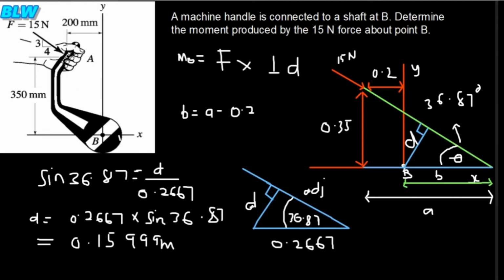Now that we have D, we can find the moment. We said the moment equals the force times the perpendicular distance, and that perpendicular distance is this D value that I have found here. So let's multiply this D value by the 15 Newton force.